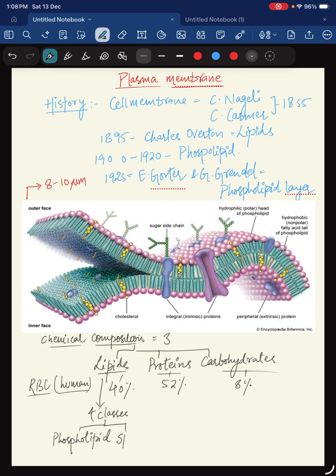Then sphingolipids, and the third type, glycolipids, and last sterols, which we commonly call cholesterol, for example. The type of sterol present inside the plasma membrane is cholesterol.